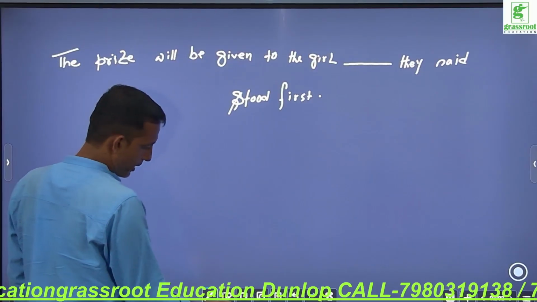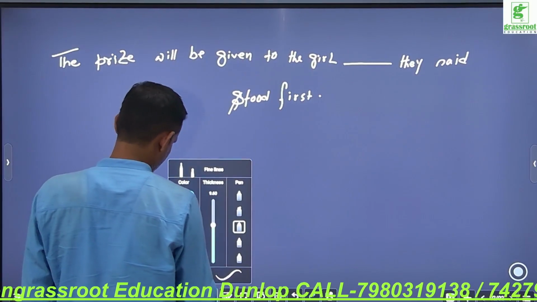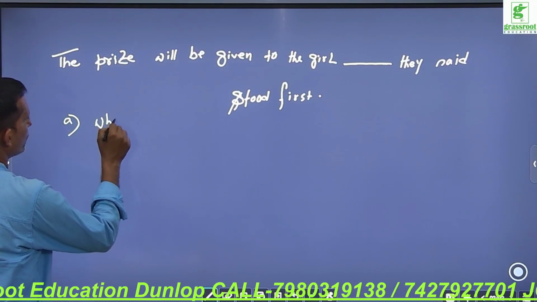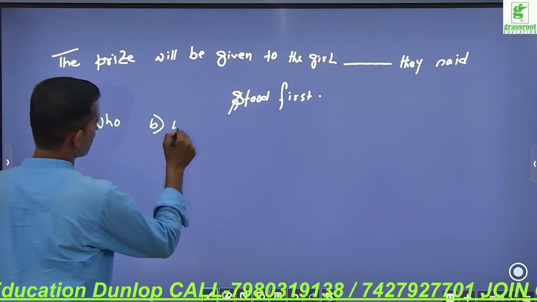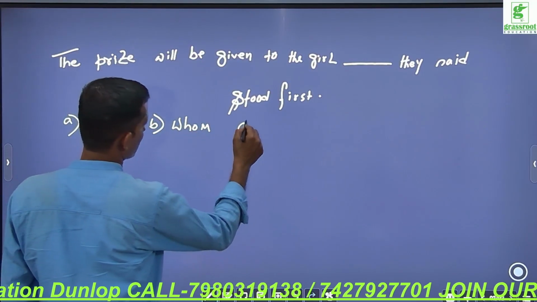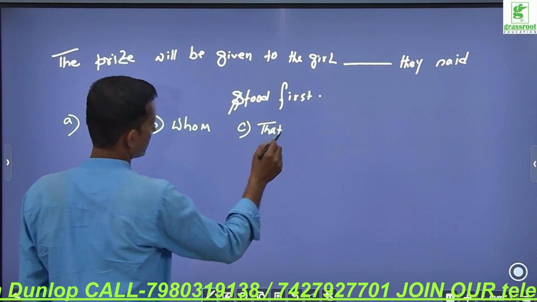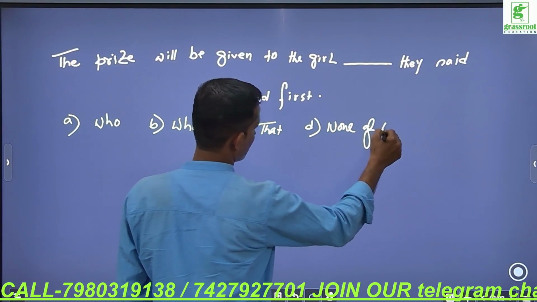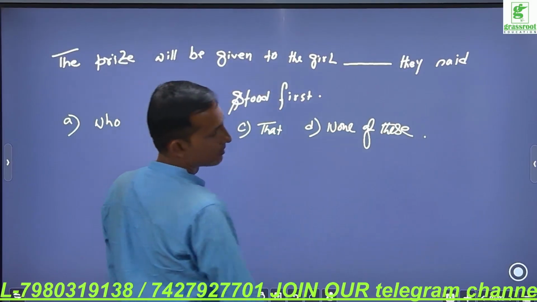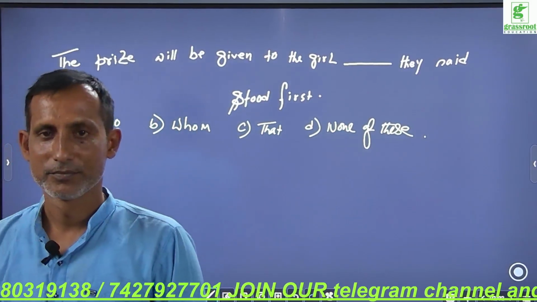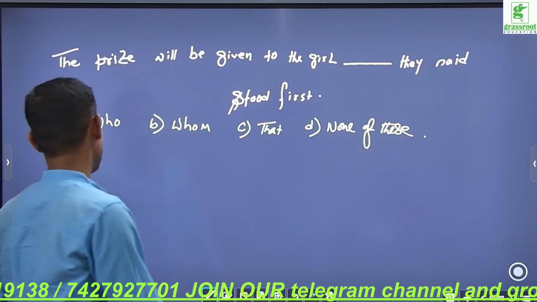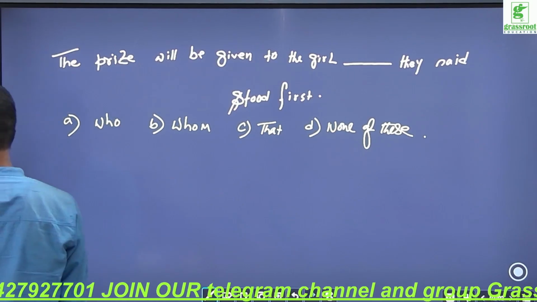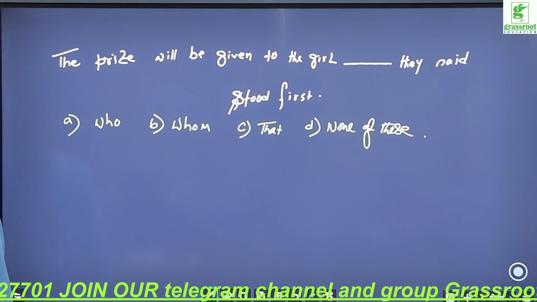Now your options are: A, who; B, whom; C, that; D, none of these. What should be the actual answer? Rima and Kumaris, can you hear me clearly? Is the board visible clearly?